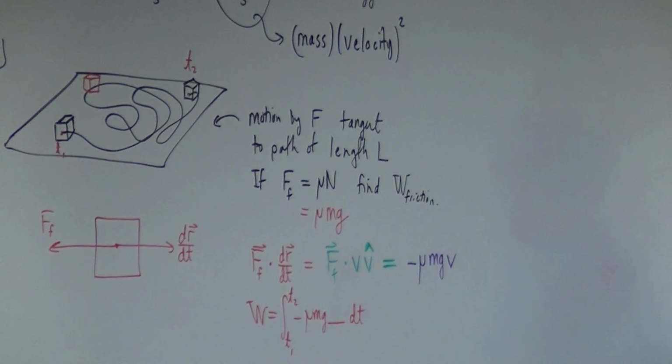That's the right formula to put there. I forgot the speed. My formula before would only have been correct if I was assuming unit speed. So there you go, there's a speed.